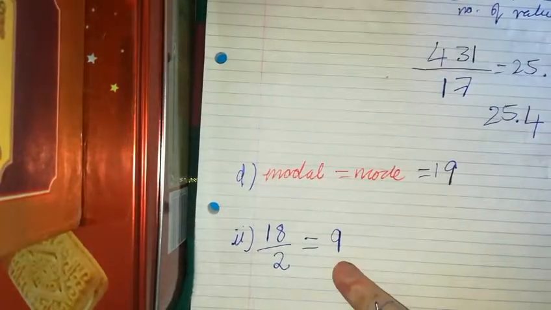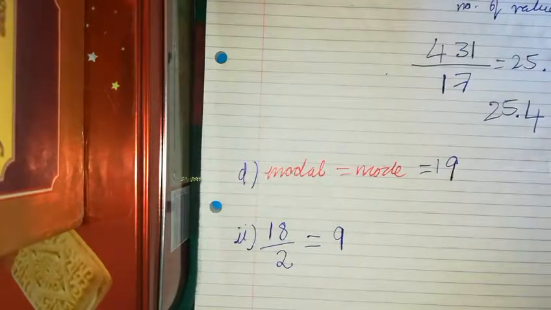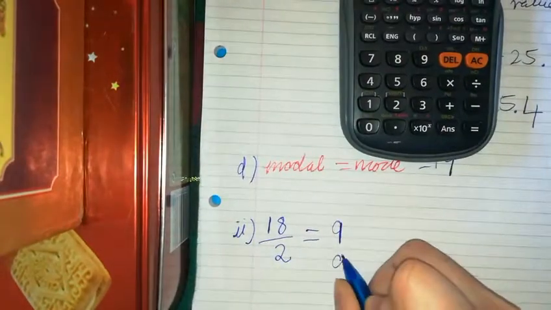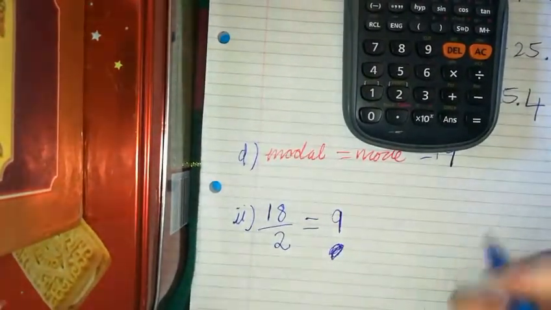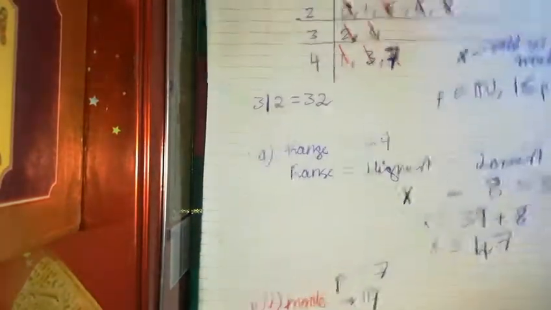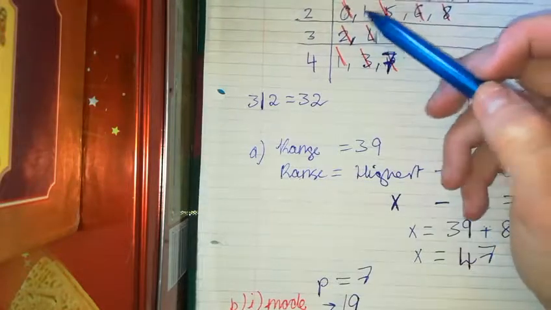But when I have a decimal number, like before, I round up to the next whole number. But when I divide by 2 and I get a whole number, I have to get the average of the 9th value and the 10th value. So my 9th value is 1, 2, 3, 4, 5, 6, 7, 8, 9.